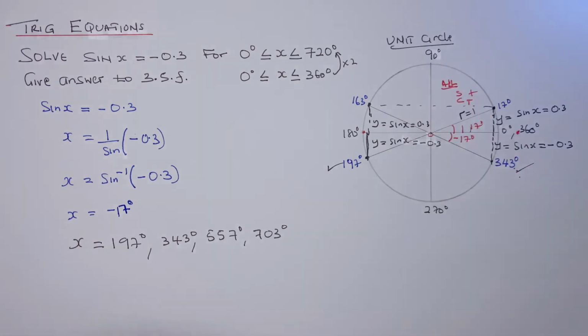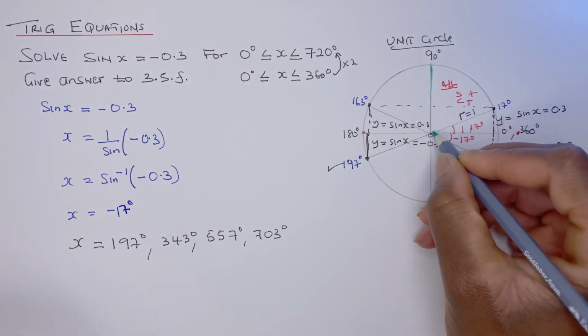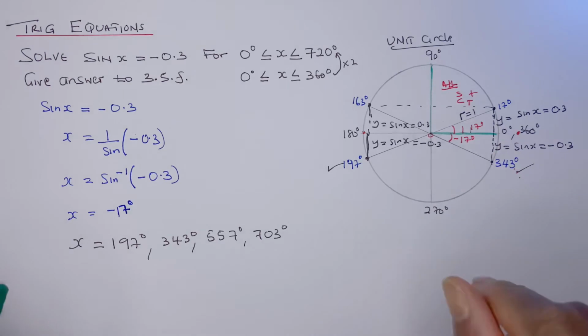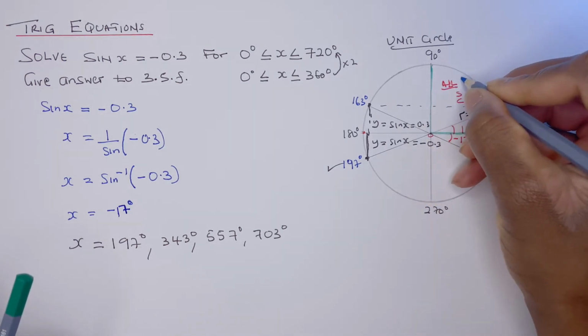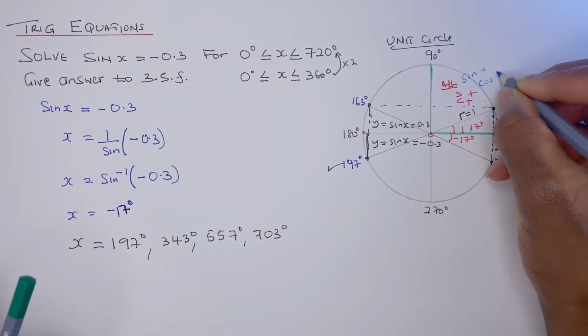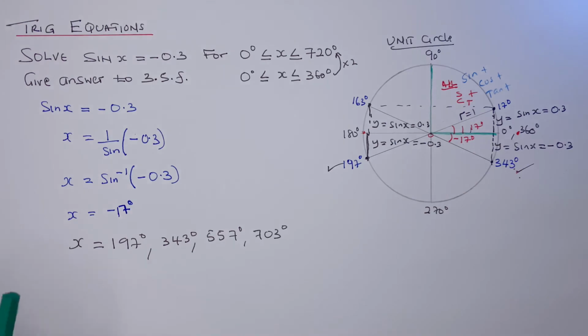So in the first quadrant here, see if I get my pencil, that's the first quadrant, all of them are positive. What I mean is that sine is positive, cos is positive, and tan is positive.